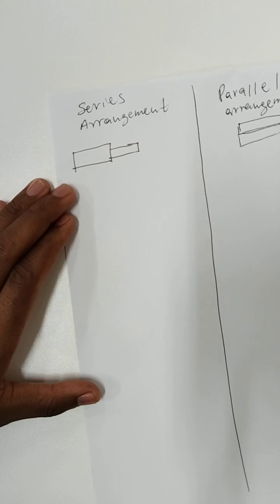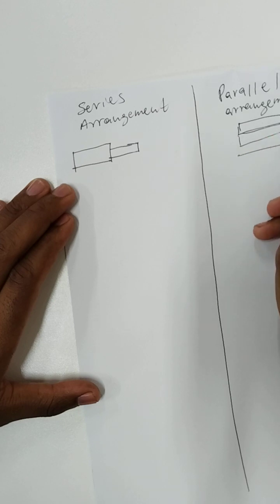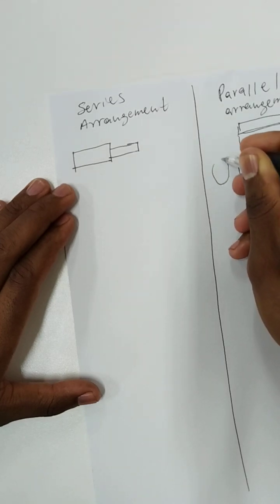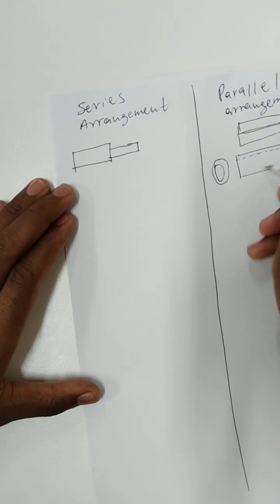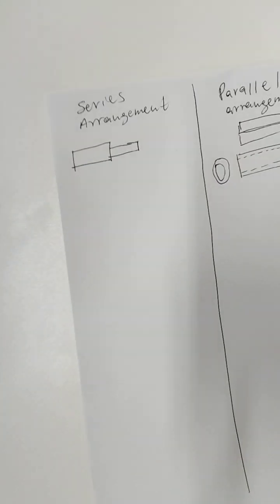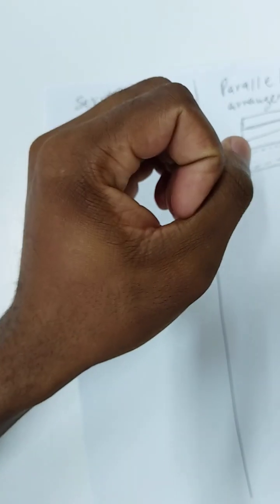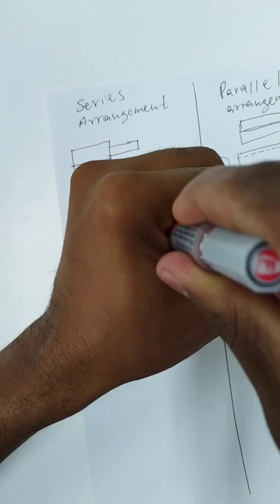Or second scenario, you can have a ring, something like a halo. And then inside this ring you put a solid shaft, or a certain material, like this marker here.